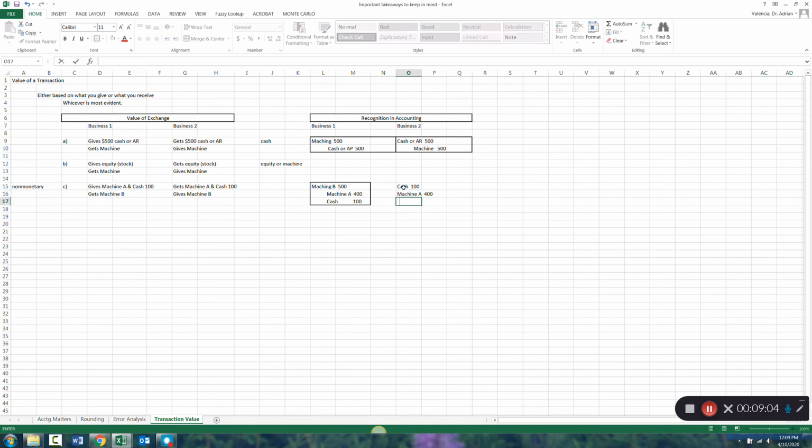And then they give machine B. So that goes out of the books for 500. There you go. So that's how we would record these transactions. And notice how the way I recorded these transactions was always the same as what I determined the value of the exchange to be. And that's normally going to be the case. But then sometimes you have some exceptions.